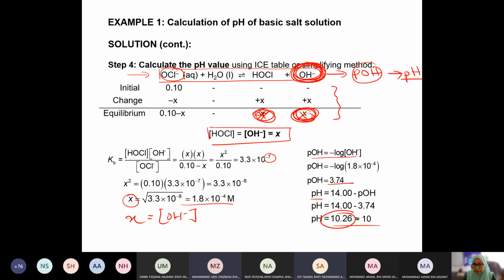Normally for pH we would remain the 2 decimal places. Okay, mungkin dia based on ni kot. Dia based on significant figures. Okay, dia based on significant figures ni lah. 2 kan, decimal places kan. Yang paling kecil kan. So that's why dia pakai 1, 2 kat situ.